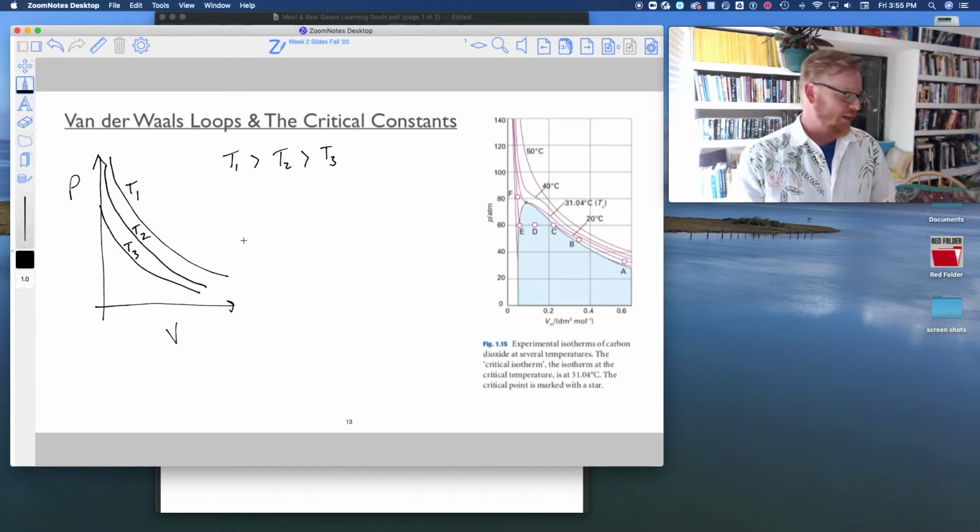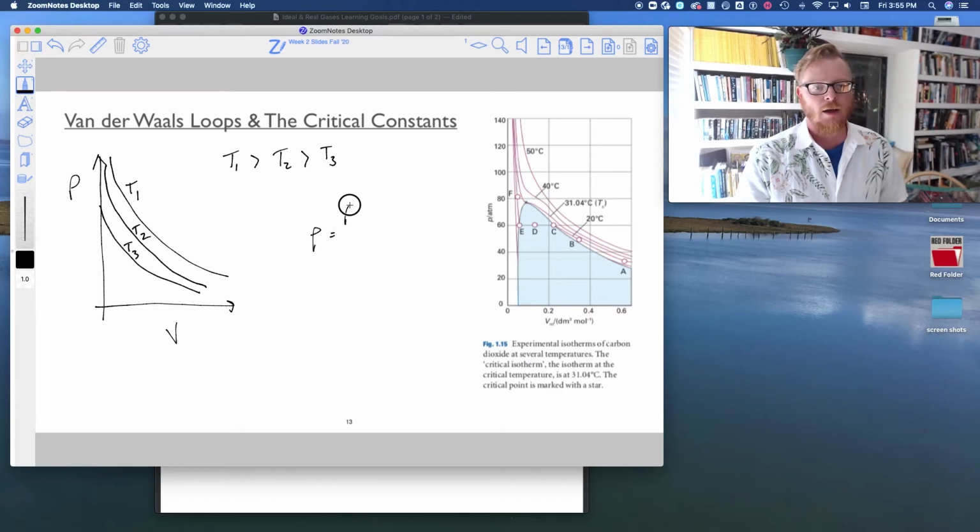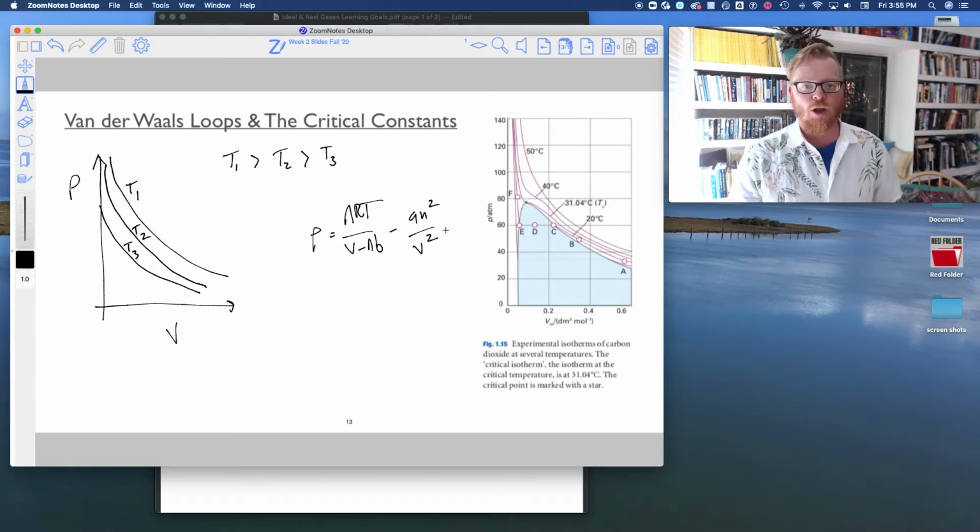But now what happens in the van der Waals equation? Let's write van der Waals down: P equals nRT over V minus nb. I wrote the non-molar volume form, so you can go back and forth between molar volume and non-molar volume. So what ends up happening in the van der Waals equation is there is a temperature, we'll call it a critical temperature.